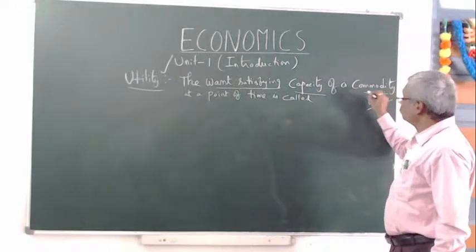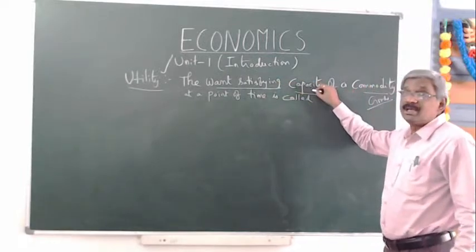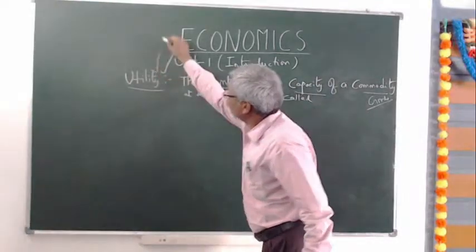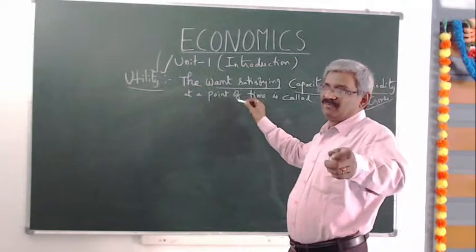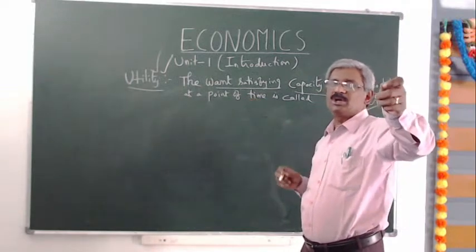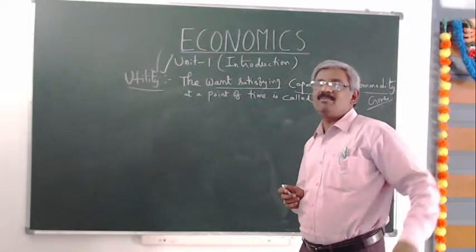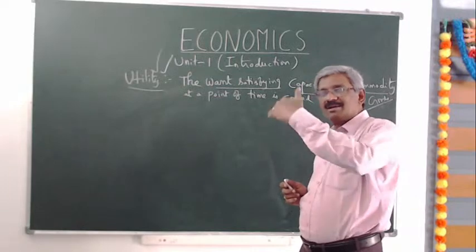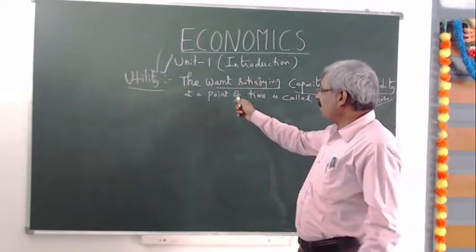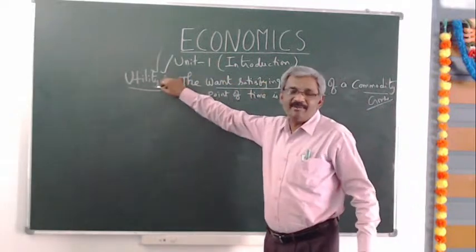So each and every good or commodity which has satisfying capacity is called utility. It varies with time, whether seasonal, morning or night, at a point of time.